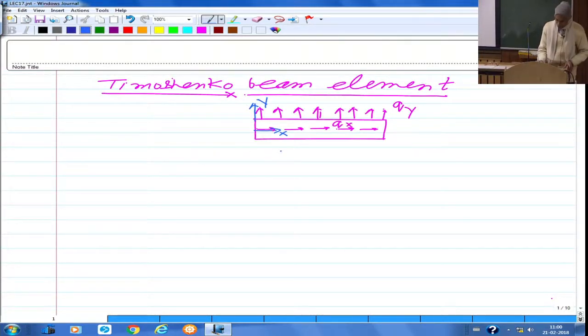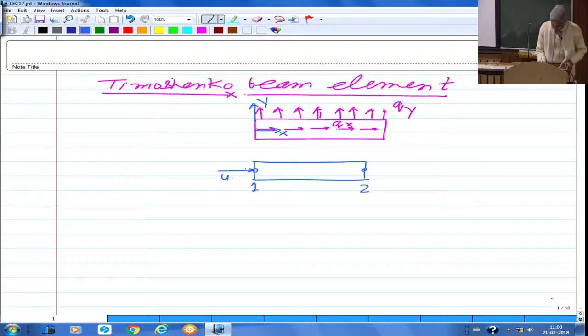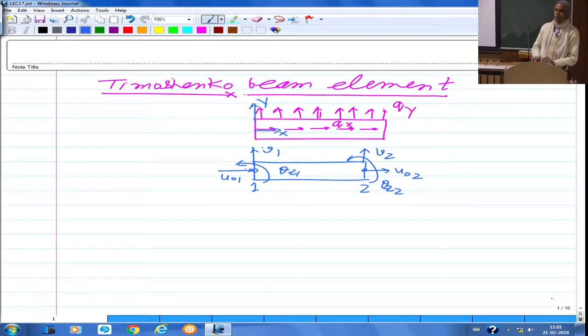When I talked about the degrees of freedom of the element, I said that we should have at least 2 nodes within the element, and the primary variables were U naught 1, U naught 2, V1, V2, and theta Z1, theta Z2. These are the degrees of freedom. Theta Z1, of course, if you want, you can write as theta 1, theta 2.